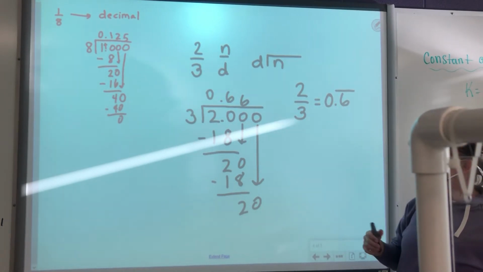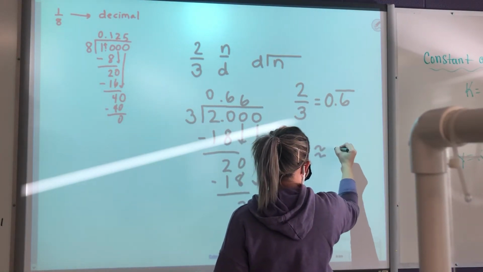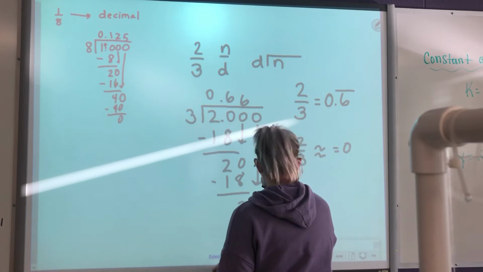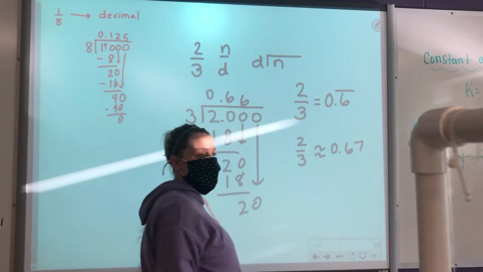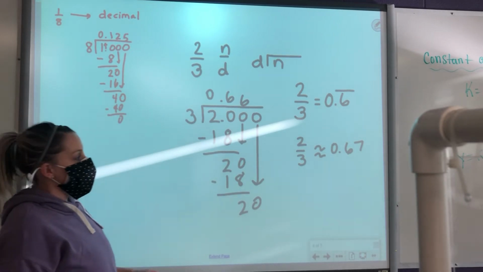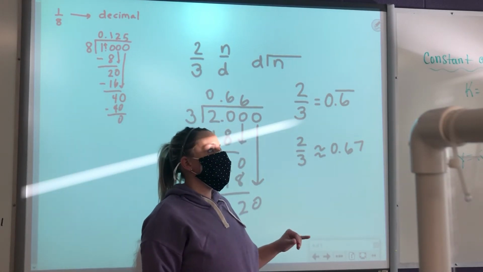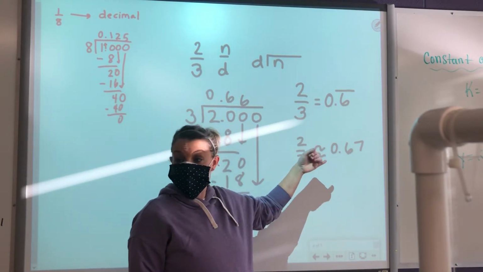Okay, you could say that 2/3 is approximately 0.67, because that tells someone it's not exact, but it's pretty close. The problem is, this symbol is not available unless you're writing it out.